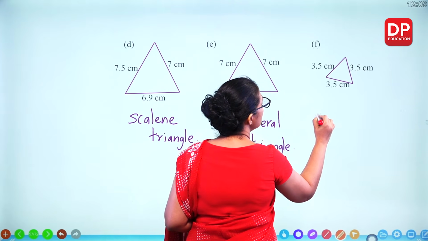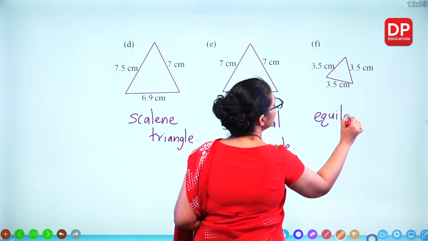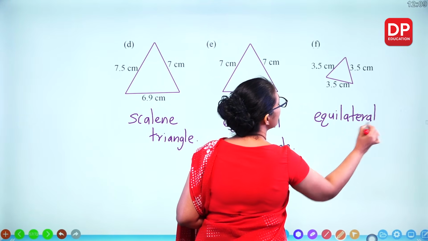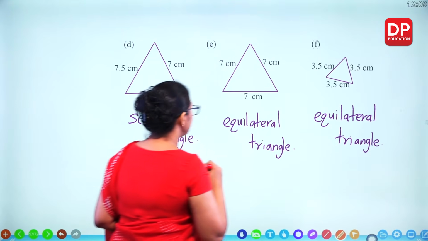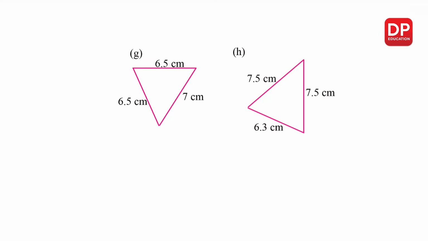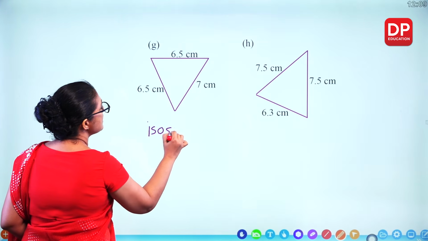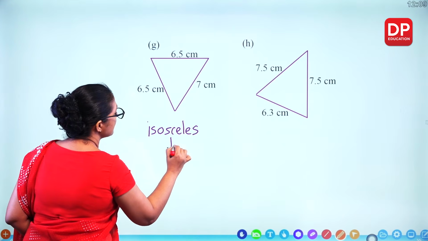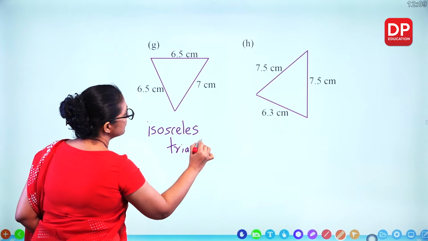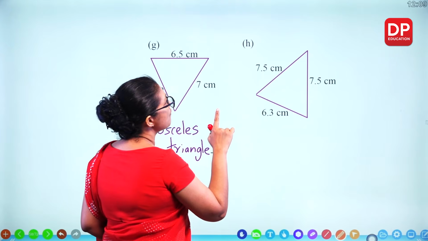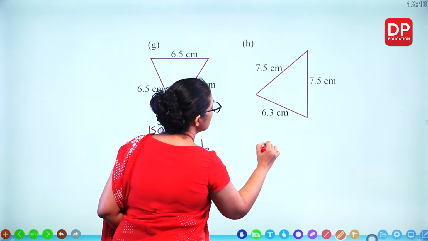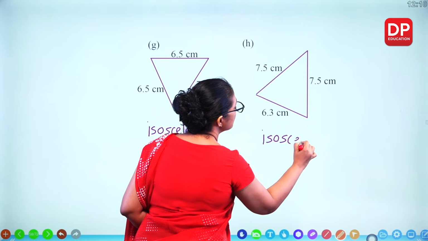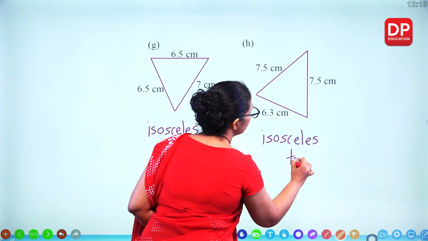All are equal. Equilateral triangle. 6.5, 6.57. Two sides are equal. Isosceles triangle. 7.5, 7.5 and 6.3. Two sides are equal. Isosceles triangle.